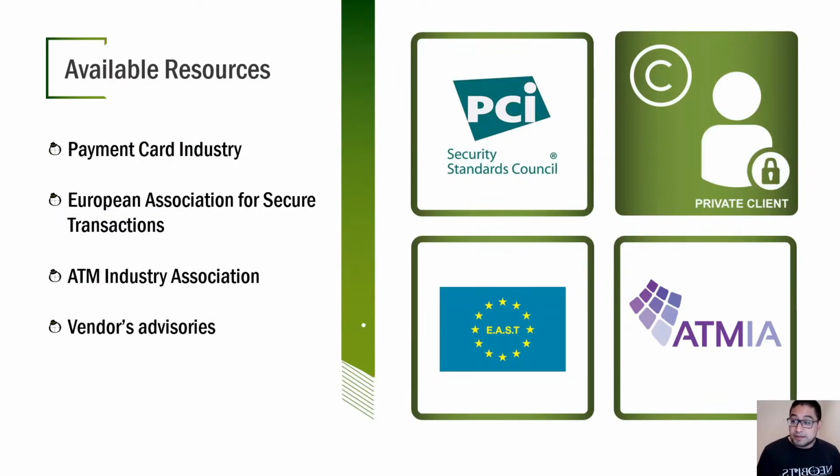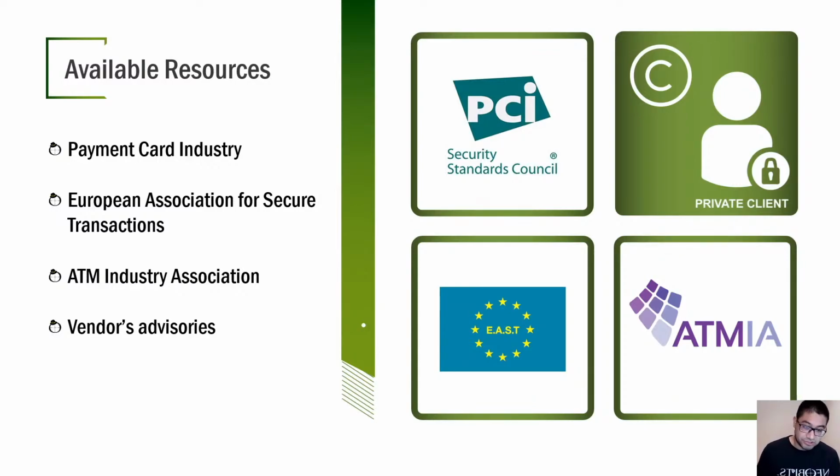So, some of the available documentation and resources out there are, for example, the PCI industry, but the Payment Card Industry only has one document that talks about ATMs, and this document only covers the PIN pad and the encryption that the PIN pad must have in the ATMs. We have some associations, for example, the European Association for Secure Transactions and the ATM Industry Association, which have a lot of information about ATMs, and not only security, but in general.